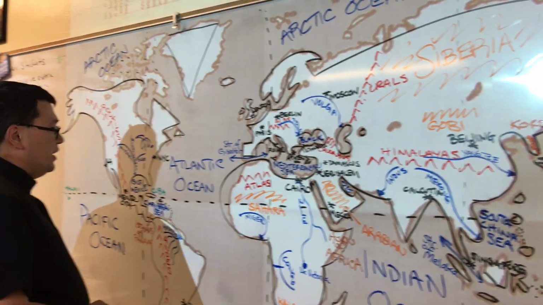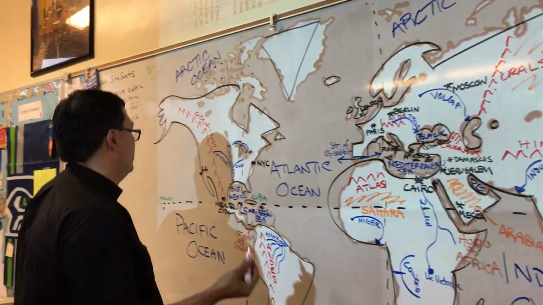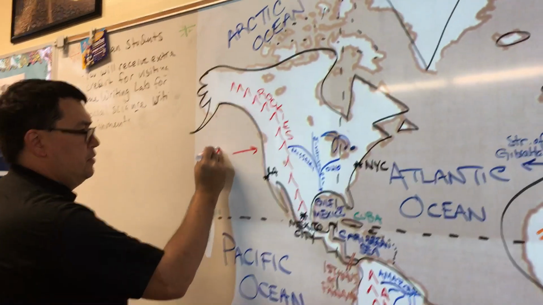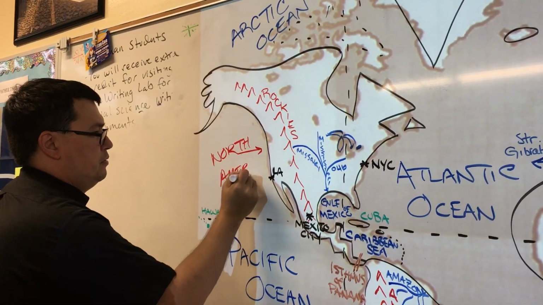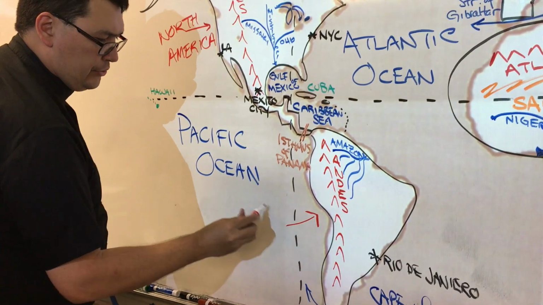Finally, we have the continents. The big areas of mass. There's seven of them. The first is here, North America. Second is here, South America.